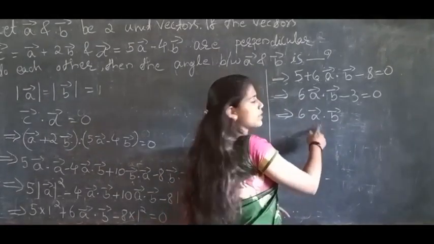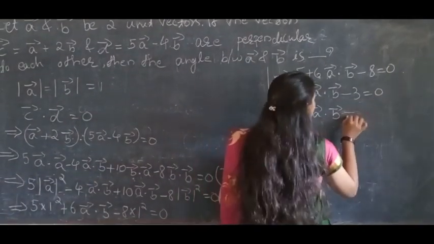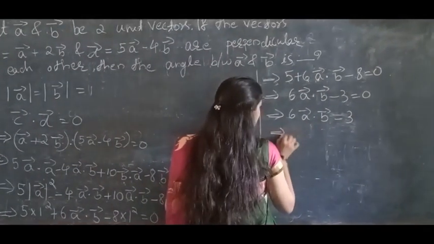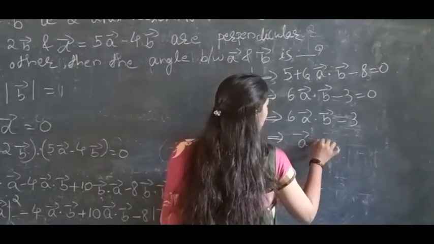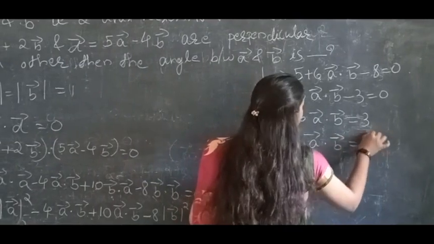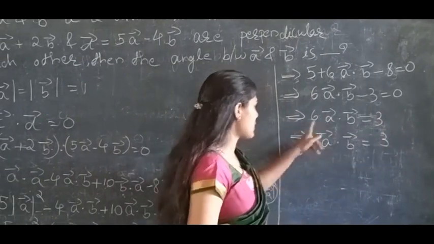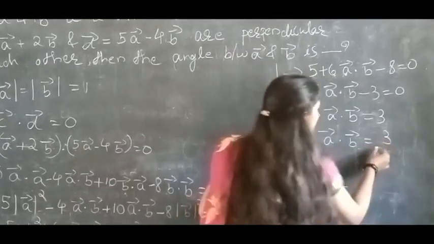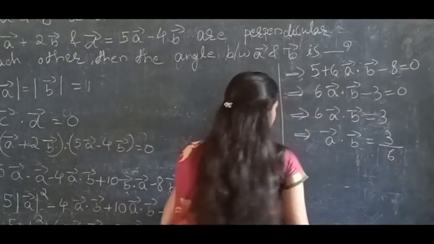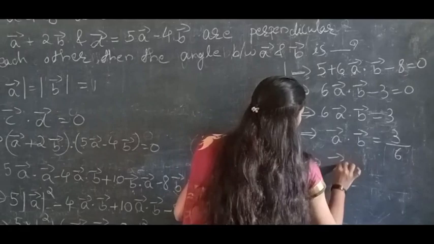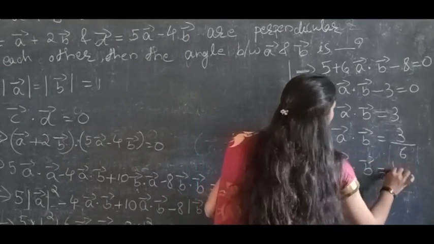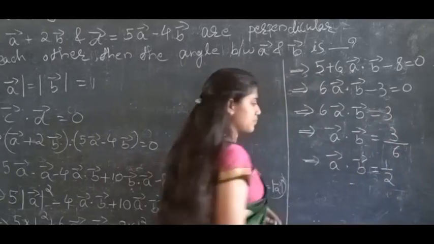That is 6 vector A dot vector B is equal to positive 3. If 6 is going to the other side, it will be division. That is 3 divided by 6. Which implies vector A dot vector B is equal to 1 by 2.